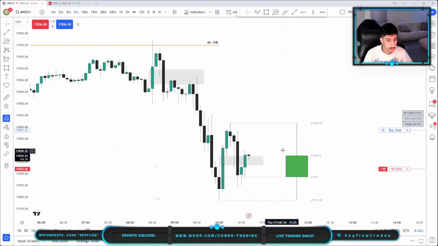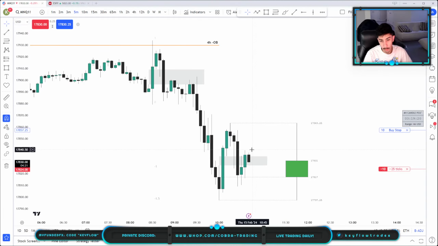Meaning I would like to see candle bodies close within here. This last candle closed above. So it becomes increasingly low probability the more candles we close above here.